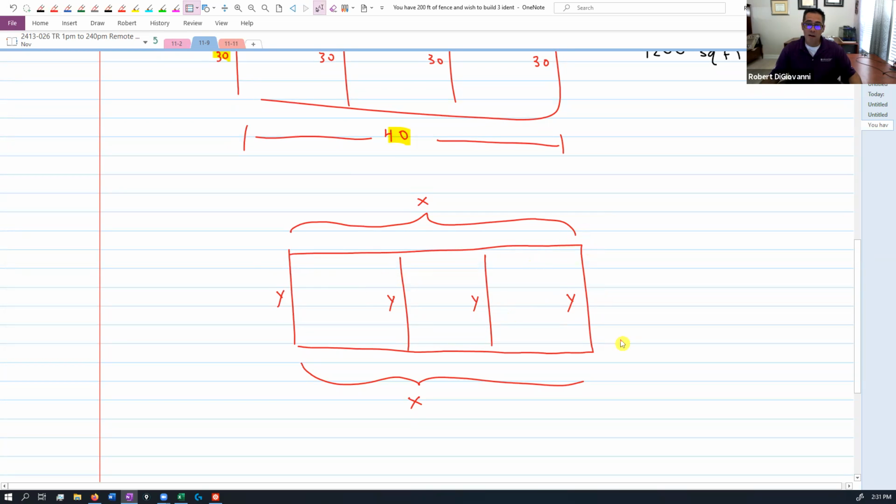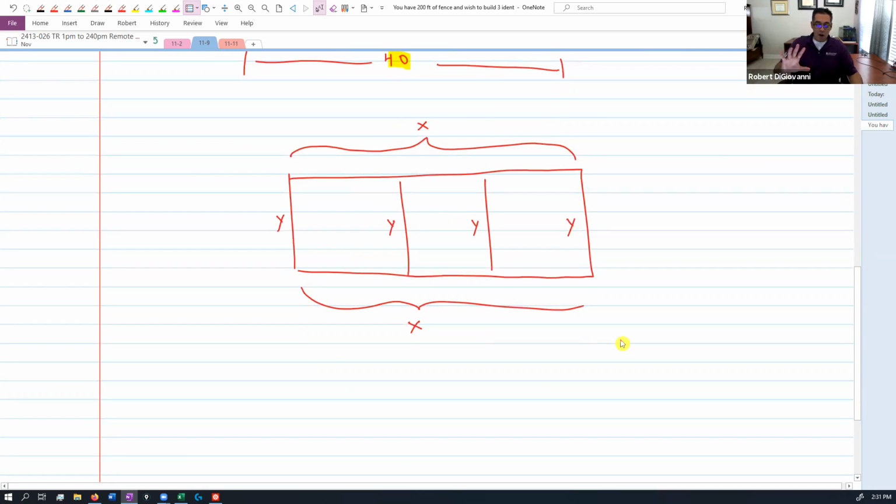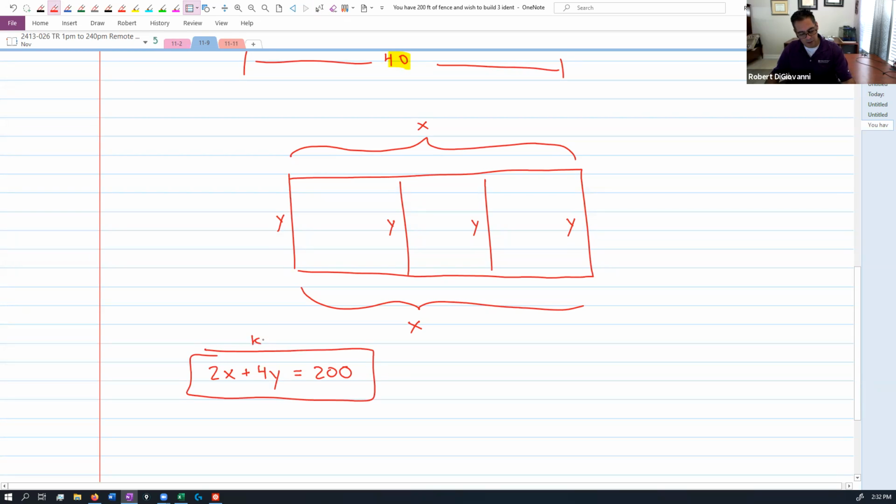So what I know is that when I take my two x's, this x plus this x, and add to that the four y's, I better use up all 200 feet of fence. Y'all see that? These two x's plus the four y's together need to add up to 200. That way I use all my fence. That I know, right? I know this.